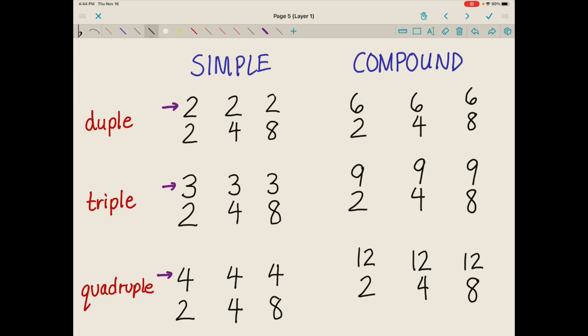The bottom number of the time signature has no impact at all on whether we categorize these time signatures as simple or compound, and whether these time signatures fall into the categories of duple, triple, or quadruple meter. Note again that in simple time, a 2, a 3, or a 4 is always going to appear as the top number of the time signature. And note that in compound time, a 6, a 9, or a 12 will always appear as the top number of the time signature.